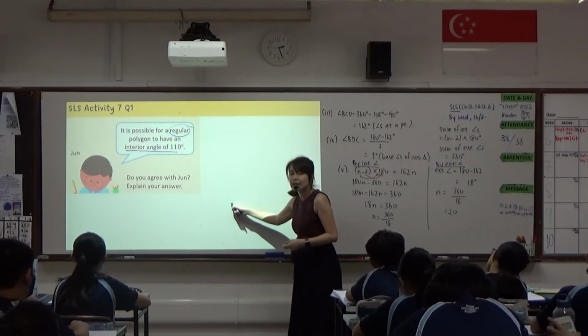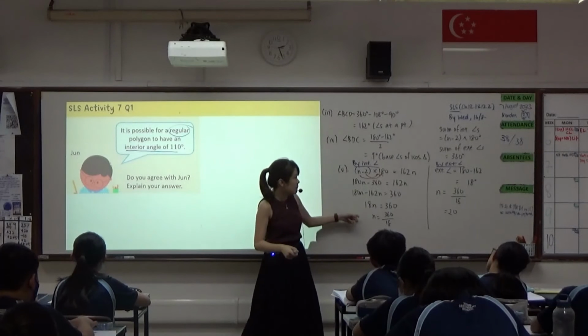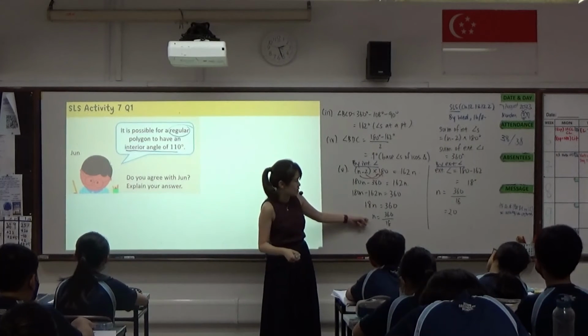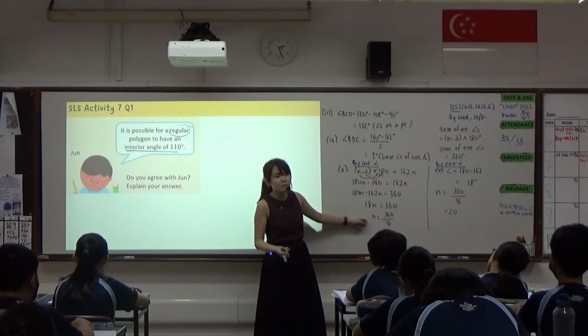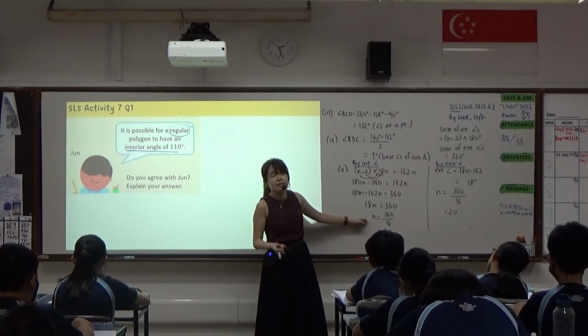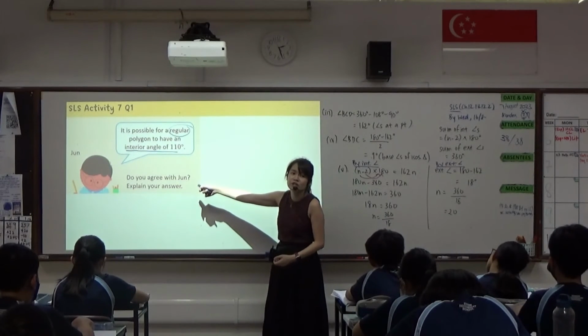Okay, if I see a fraction, I know that my number of sides, which is what n stands for, cannot be a fraction, it cannot be a decimal. That's why we will then probably have to reject it.